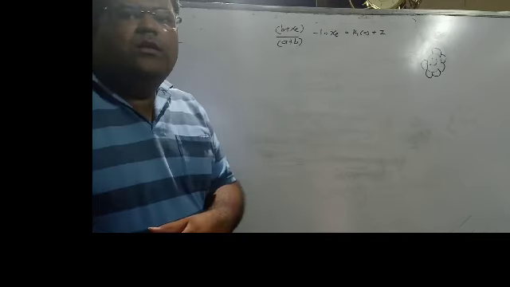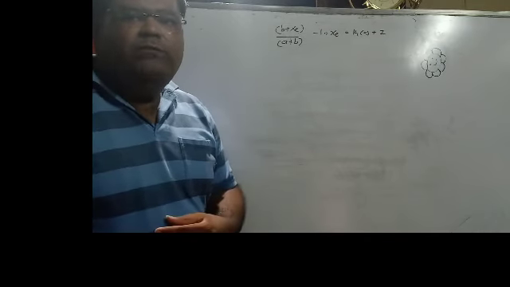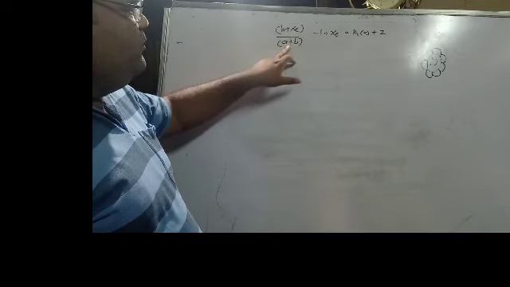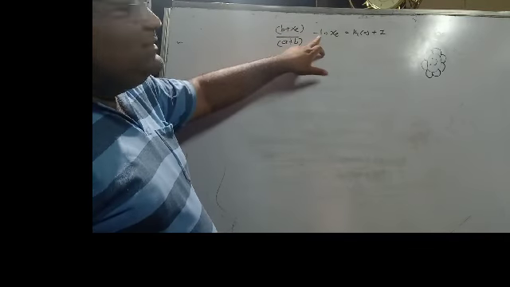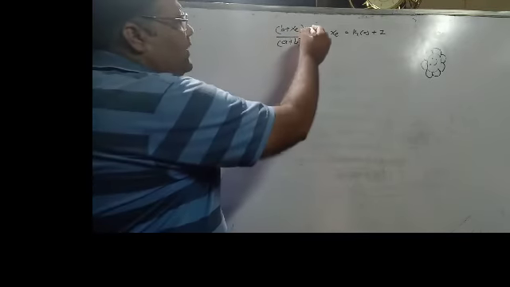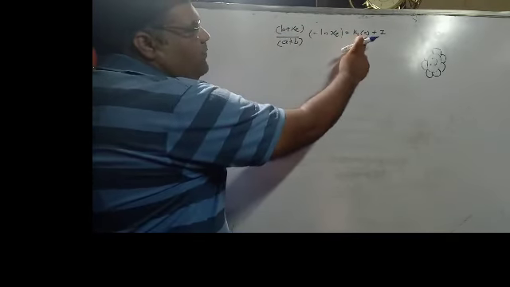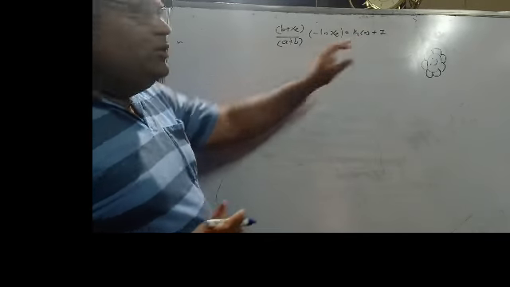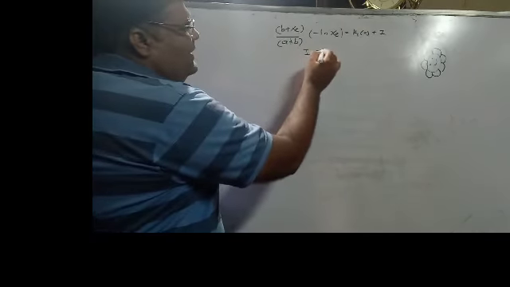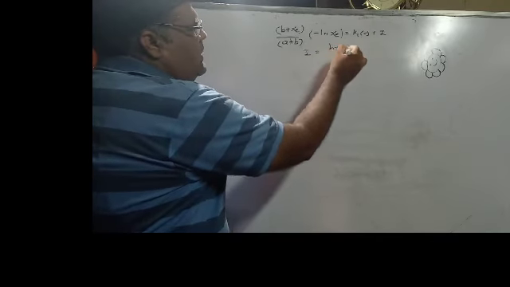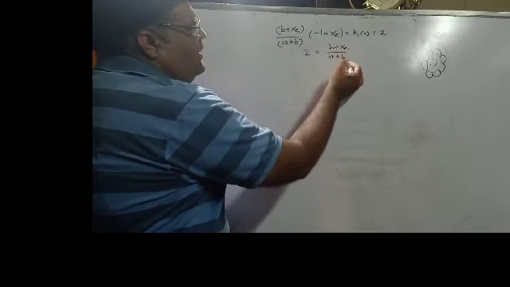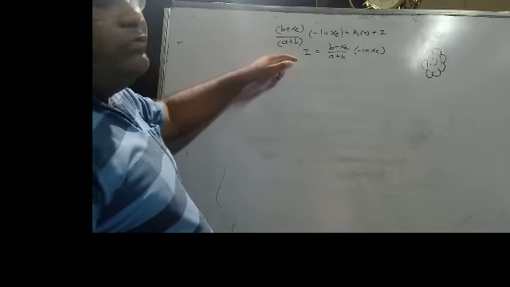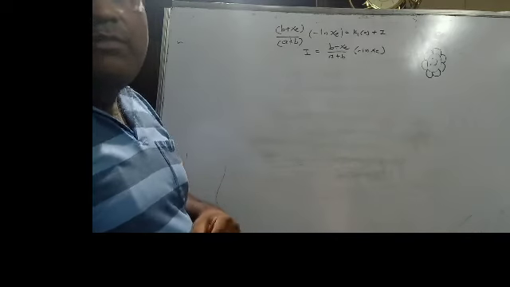So students, after putting the value of t equal to 0 and x equal to 0, we will get (b + xe)/(a + b) into minus ln xe, equal to k1 times t, where t is 0, plus I. So this term will be cancelled out, that is 0. So we will get the value of I, the integration constant, (b + xe)/(a + b) into minus ln xe. We substitute this value in equation number 4.